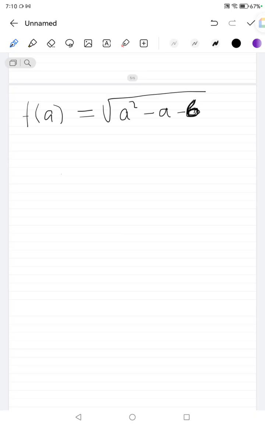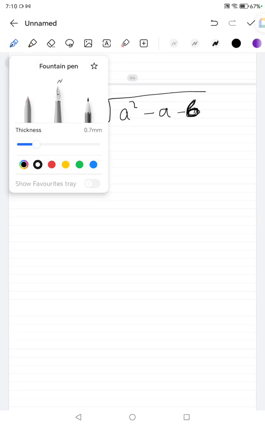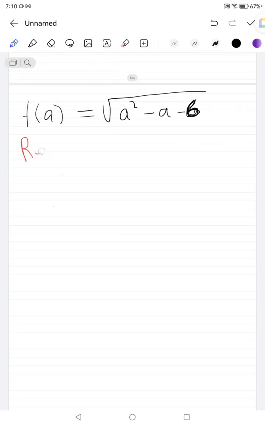If we're going to consider the square root, our value should be greater than or equals to 0. So the restriction that we have is that for f of x, we must have this as greater than or equals to 0.